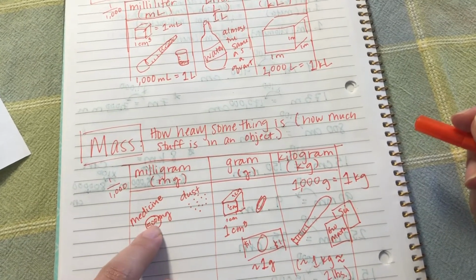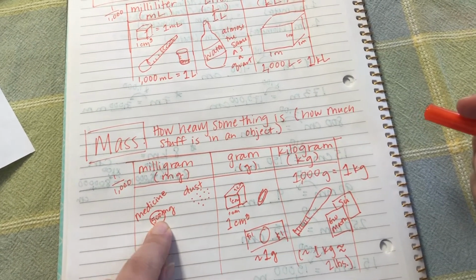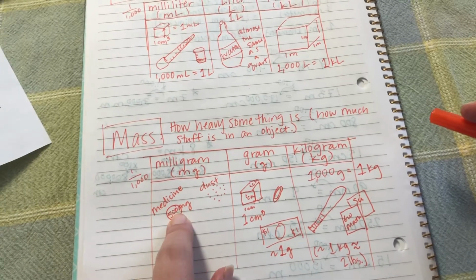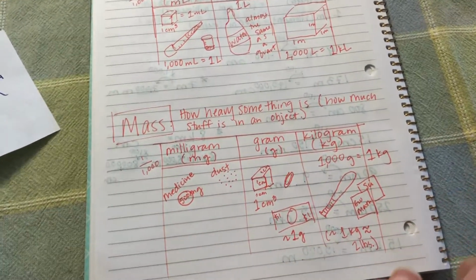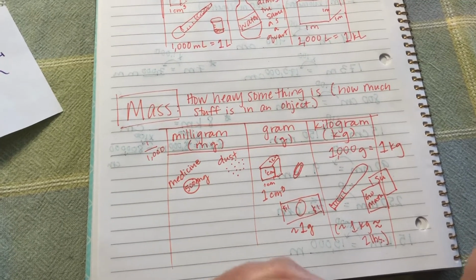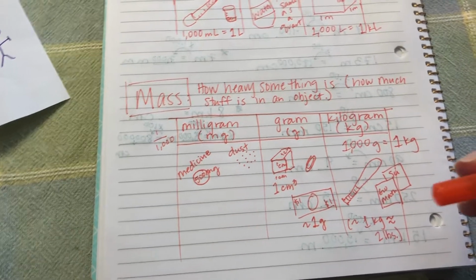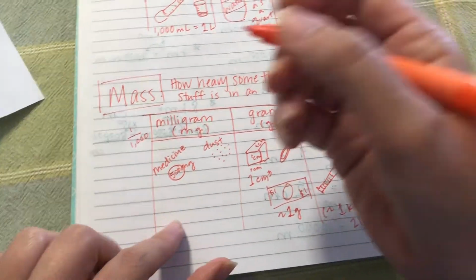And so the actual tablet itself might not be 500 milligrams, but it might have 500 milligrams of the active ingredient, whatever it is that helps you. So in any case, medicines are often measured in milligrams, dust, really small things.